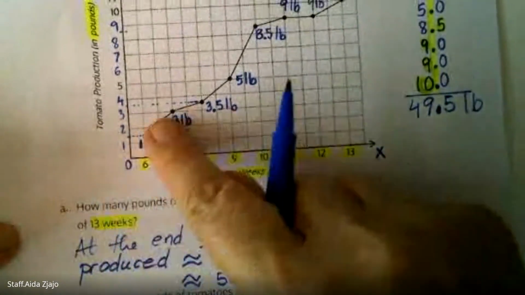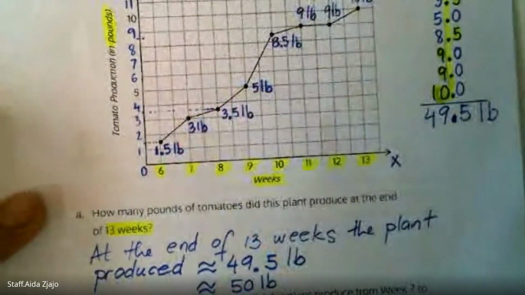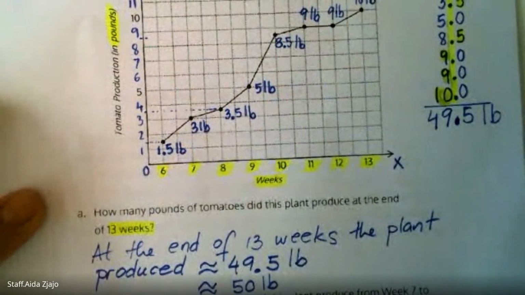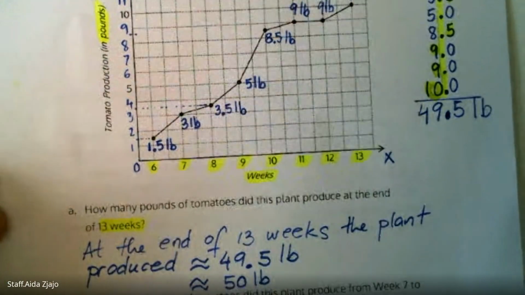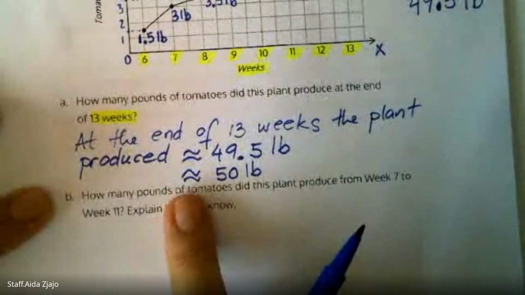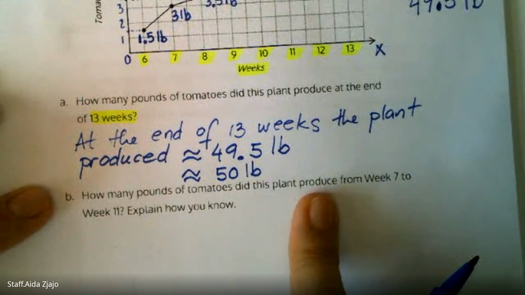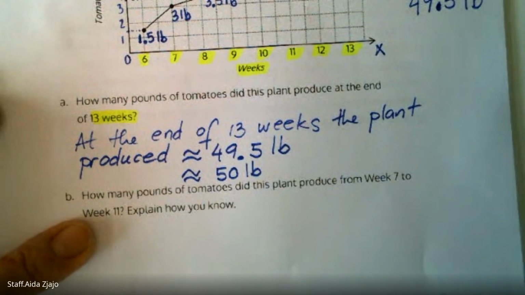When we add all from the week, how many pounds did the plant produce? How many pounds of tomato did the plant produce from week 7 to week 11?